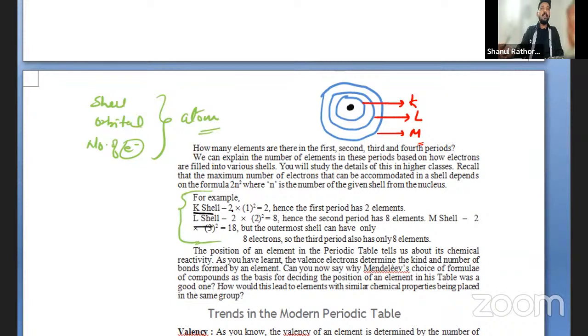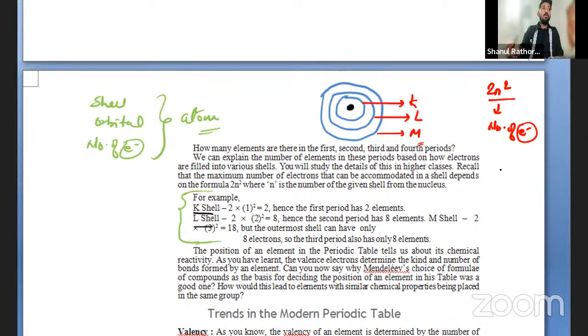So for the K shell we give it the number n equals 1. We write the formula 2n square to identify the number of electrons in that particular shell.